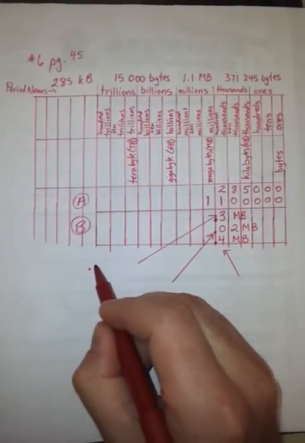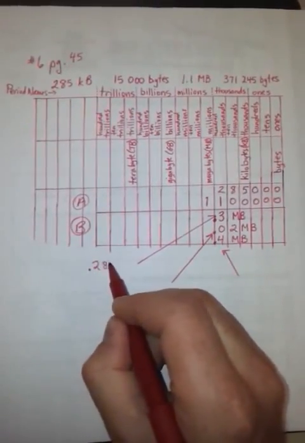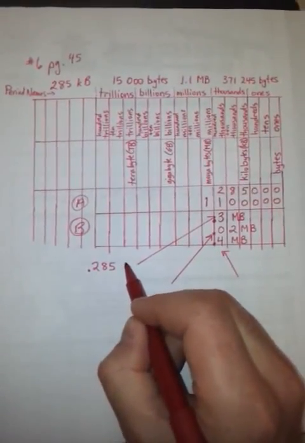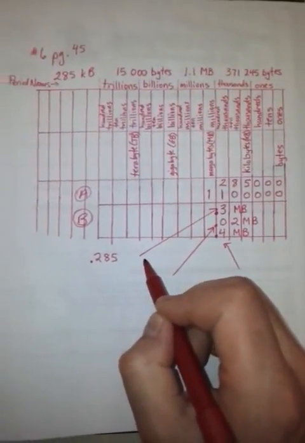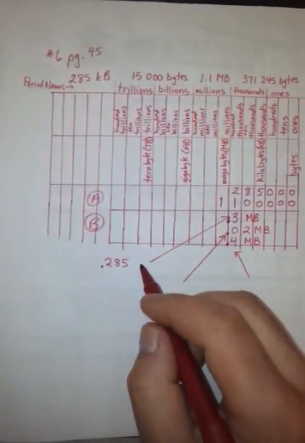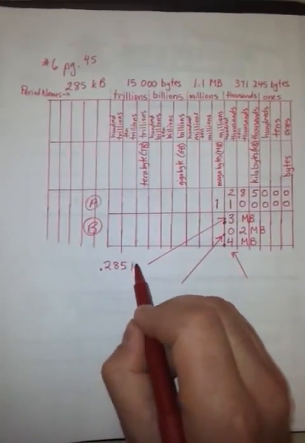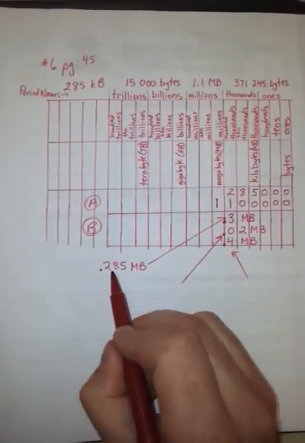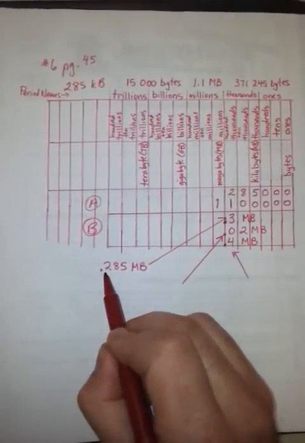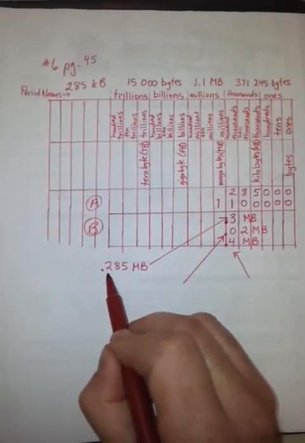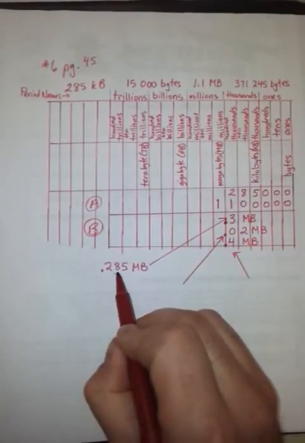So this number in megabyte form would be decimal 285, and then you can put 3 zeros, but they're just placeholders. You don't really need to put them. So if you round this, let's say we're going to round to the nearest tenth of a megabyte. Let's have a look at the next digit.